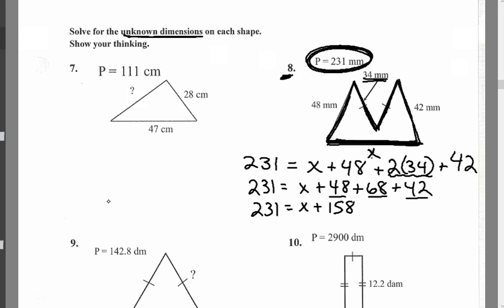Well, how do I get x by itself? It's attached by addition to the 158, so I subtract 158 from both sides. And the 231 subtract 158 gives me a value of, I got 73. So x is 73 millimeters.